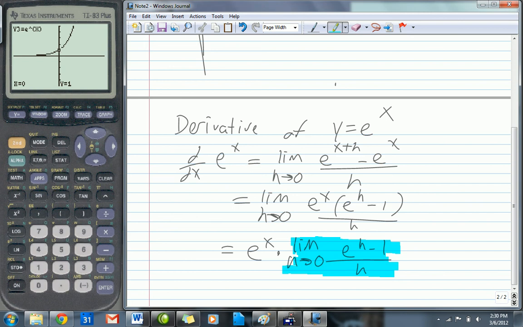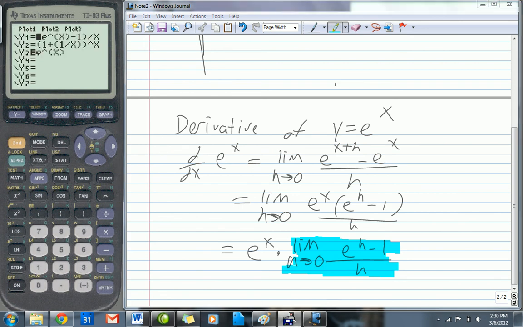Not a legitimate proof, but I will show you that the limit might be perhaps 1. I have graphed, instead of e to the h minus 1 over h, e to the x minus 1 over x, because our calculator can't do h's.